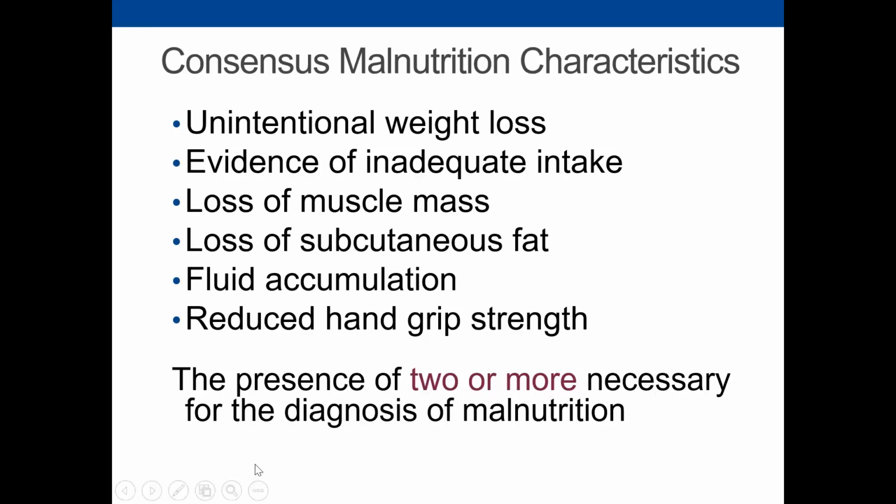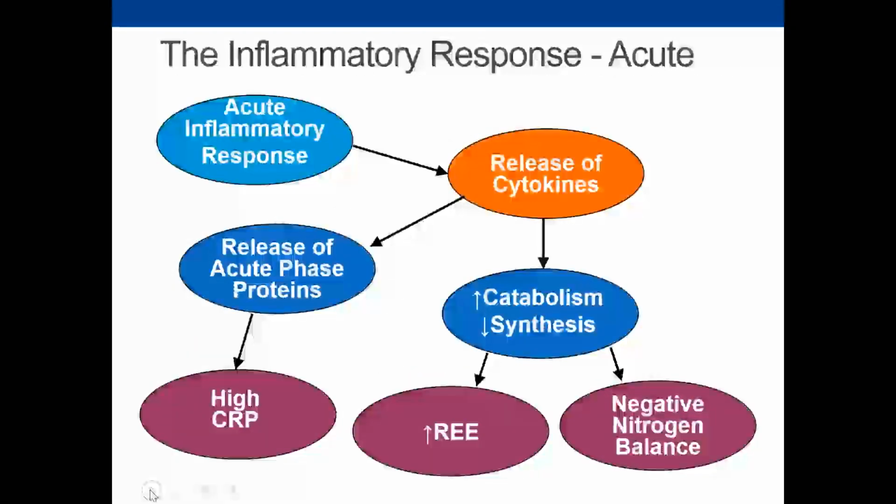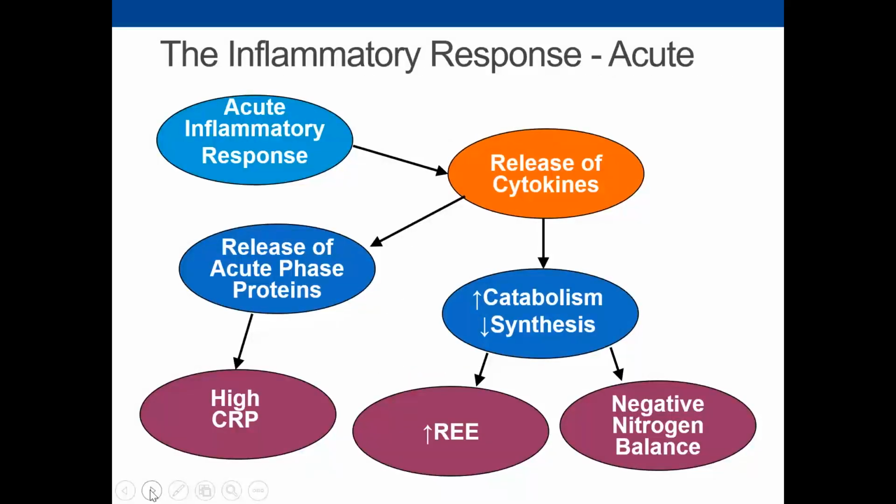But these are the 6 characteristics that the work group identified would need to be assessed to diagnose malnutrition. And if any 2 or more of these were present, then that individual would be diagnosed to be malnourished. And the severity of the malnutrition would be based upon various thresholds. And we will get into the thresholds when we discuss the individual patient cases.